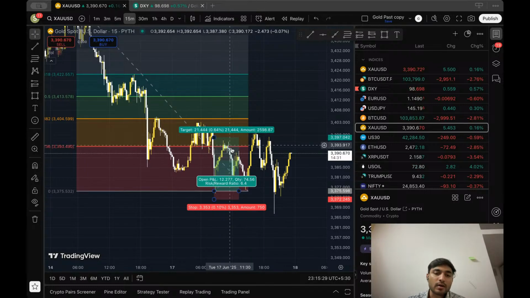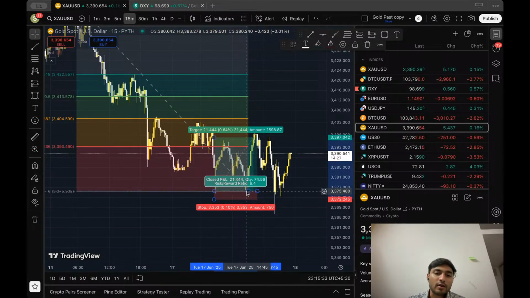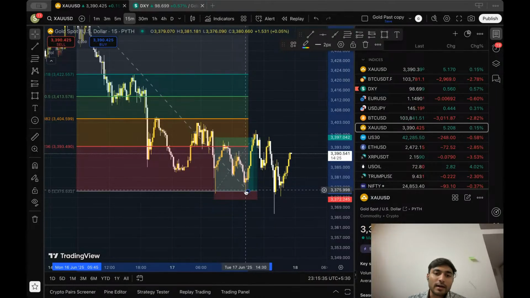Our target did hit, but after a very long time. It even tested our entry level, then it hit the take profit.